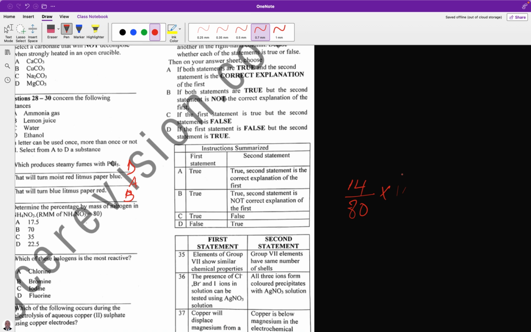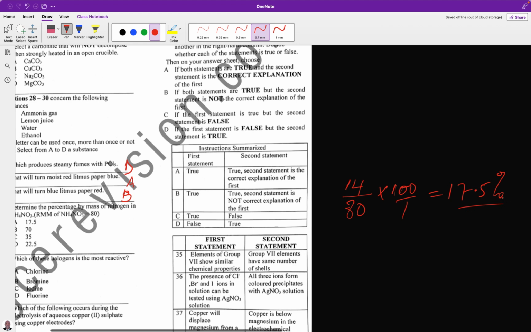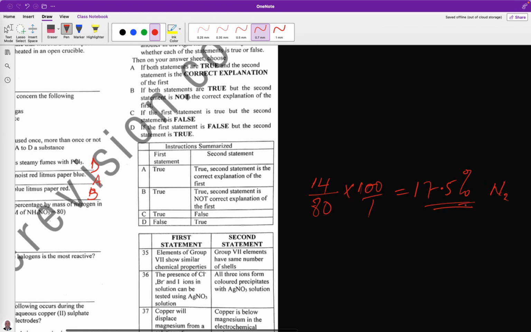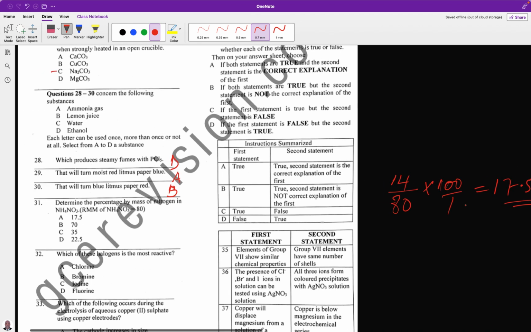Our result will be 17.5% nitrogen. So if we go back to our answer column, A is the right answer for this question.